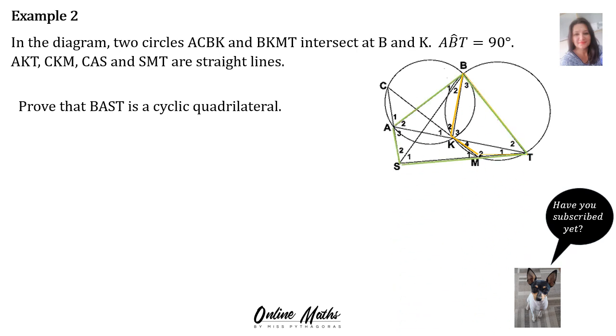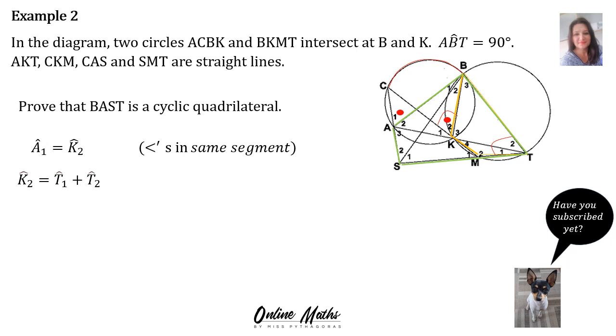is a cyclic quadrilateral. We can start by saying that A1 is equal to K2. It's angles in the same segment, and it's because arc CB subtends them both. We can also say that K2 is equal to T1 plus T2.